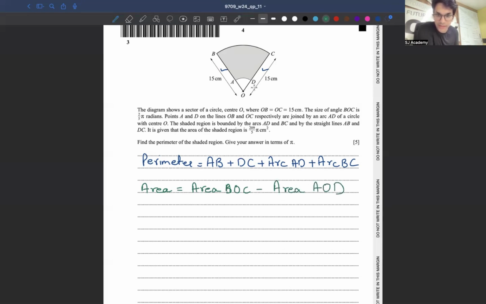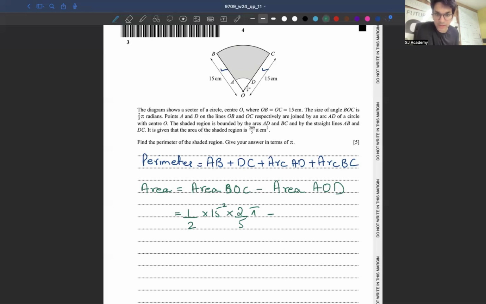Now we know that this is 209 upon 5 pi. So the total area will be half, where the formula is half r squared theta. So we can write it as half into r squared, which will become 15 squared, multiplied by theta, which is given as 2 by 5 pi. So this will become 2 upon 5 pi, minus.